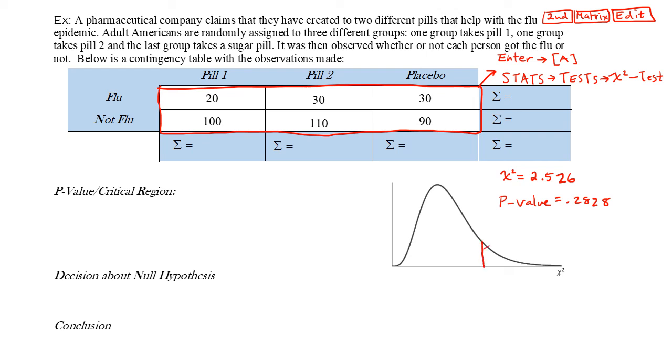So we can imagine that what this corresponds to is the area of the region to the right of 2.526 on our chi-squared graph. With that particular p-value, notice that we were using a significance level of 0.01, so this is a little bit bigger than that. That means that we're going to fail to reject the null hypothesis.